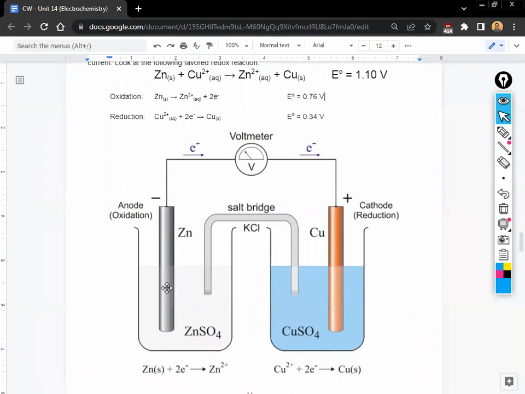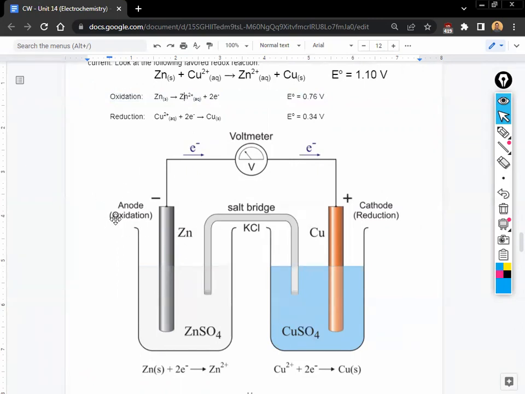So if you take a look here, the side with the zinc is going to want to take the electrons from the aqueous. You see this? And if you notice, we have a greater potential here. So the solid zinc is going to want to give up the electrons to form aqueous zinc.